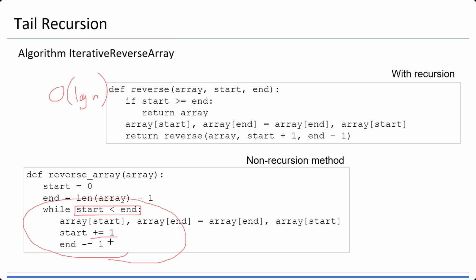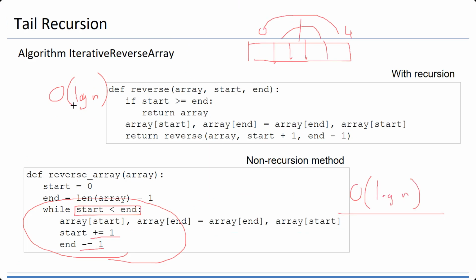So start will be added by 1 and n will be minus by 1. When we have 5 elements, the operation will just do 1, 2, 3. So at least n divided by 2. Then the number of operations is approximately O log n. So both of them are the same with the number of operations.